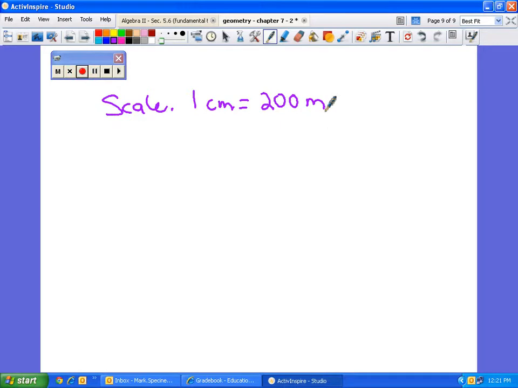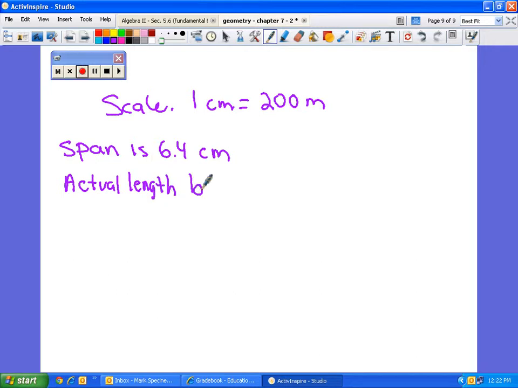If you've seen pictures of the Golden Gate Bridge, it's got the 2 spans in the middle of the bridge. And it tells me that on the drawing, the span is 6.4 centimeters. What I want to know is, what is the actual length between the spans?